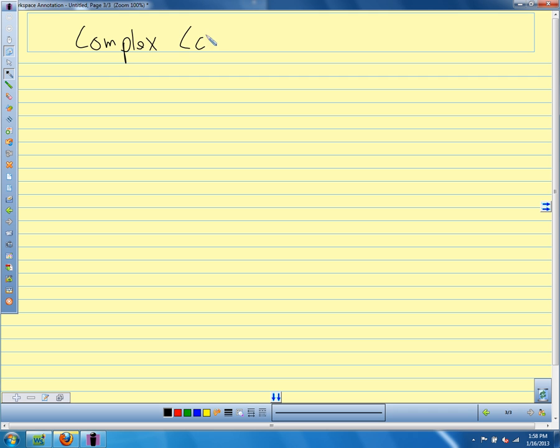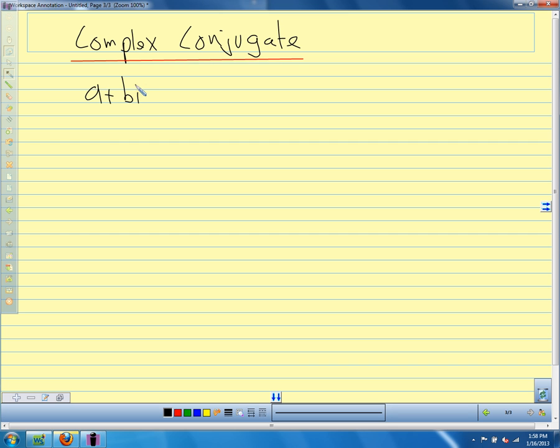The complex conjugate. So if we have a number a plus bi, does anybody remember what the complex conjugate is? How do we write the conjugate?